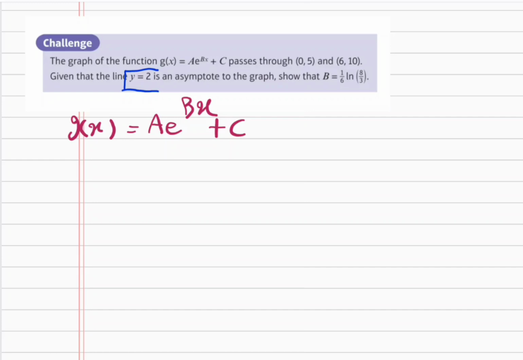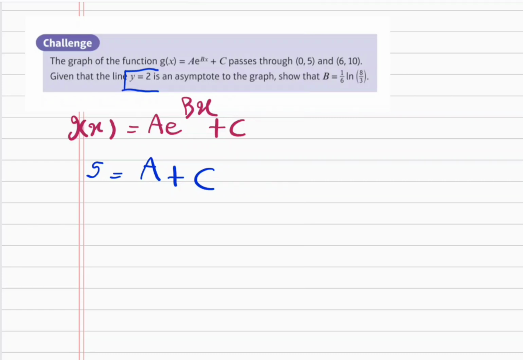When we substitute 0 and 5, we have 5 is equal to, when 0 is substituted into x, then this term becomes 1. Actually, it becomes a, because e to the power of 0 is 1, and then 1 times a is just a, plus c. So that's the first equation we get.